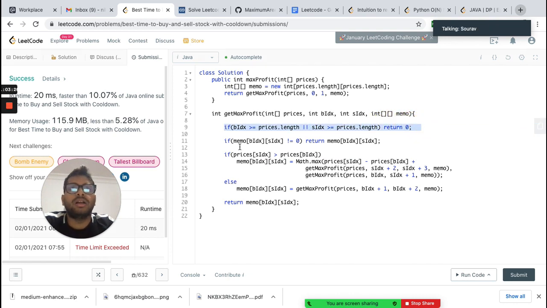Okay. And if we already have the solution of buy and sell index, then we return it. Memorization. Or we compute the memo. So if the price at sell index is less than the price at buy index, then we cannot do anything.